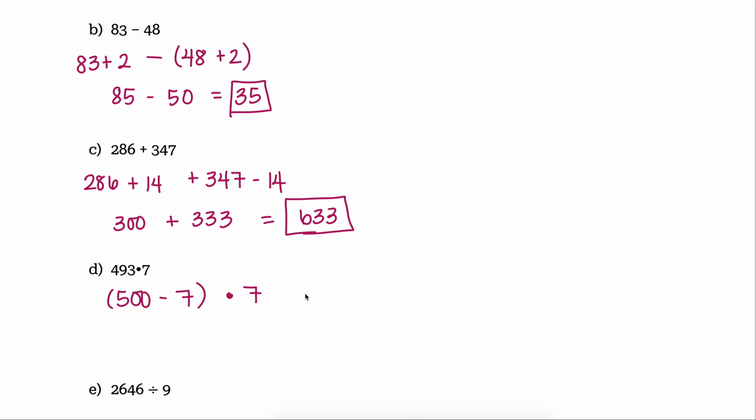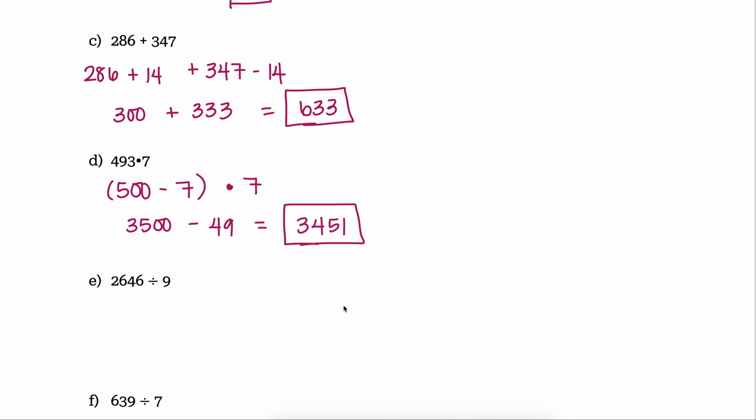And then we're multiplying that by 7. So using the distributive property, I have 500 times 7, which is 3,500, minus 7 times 7, which is 49, which leaves me with 3,451. And that's much easier than trying to calculate 493 times 7 in your head.